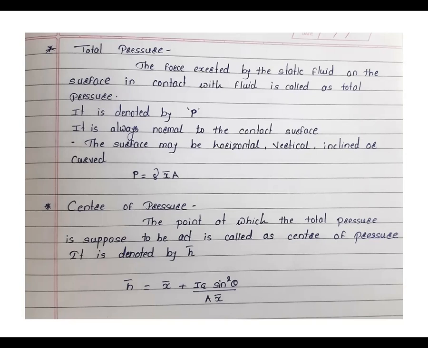At the start of this chapter, we discussed what is meant by pressure intensity, which is measured in the unit of kilonewton per meter square.